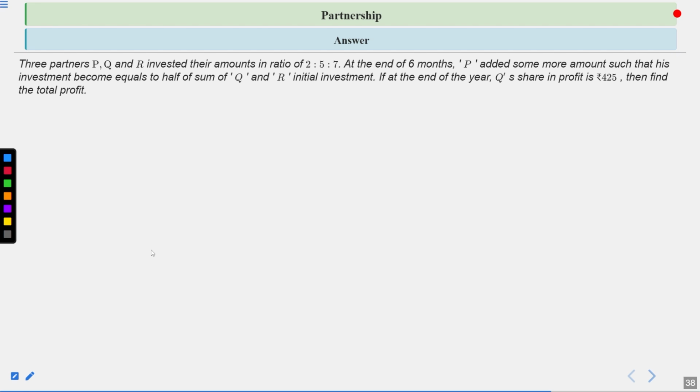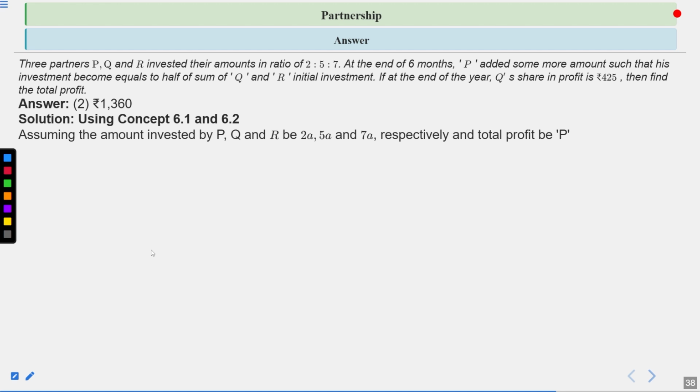At the end of the 6 months, P added some more amount such that his investment became equal to half of the sum of Q and R's initial investment. At the end of the year, Q's share of profit is 425. So we need to calculate the total profit. So the correct answer of this question is the second one, which is 1,360 rupees. Now see the detailed solution using concept 6.1 and 6.2 in this question.